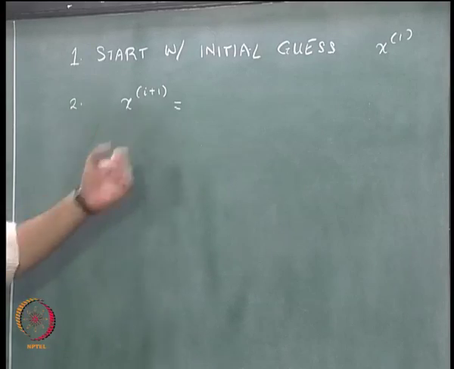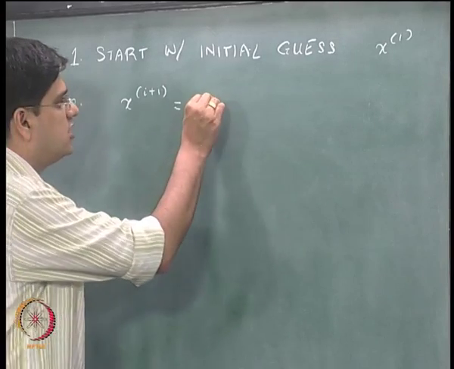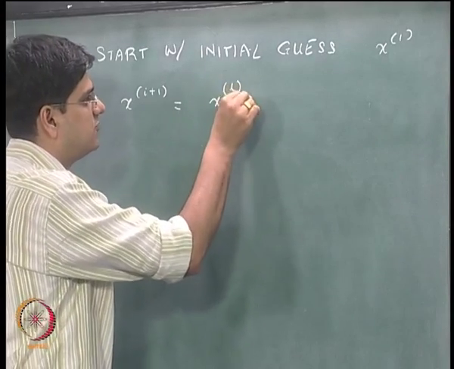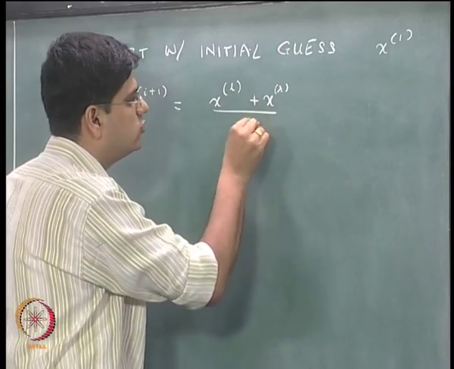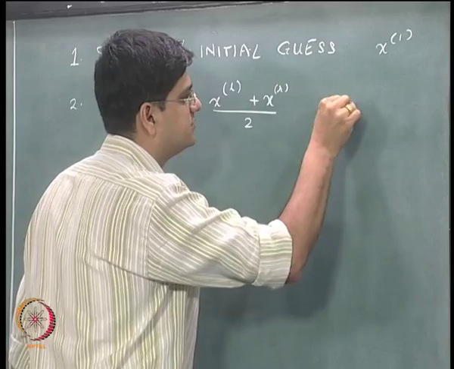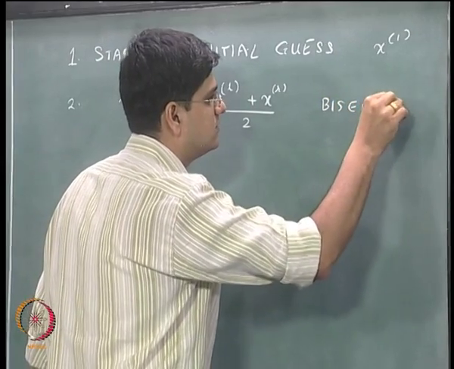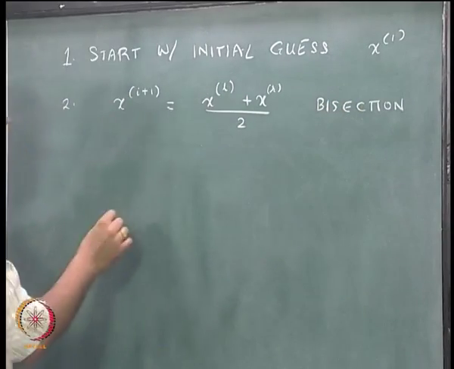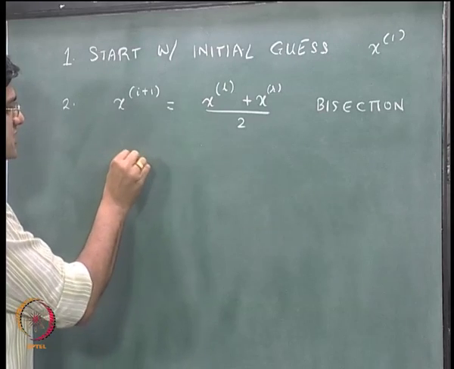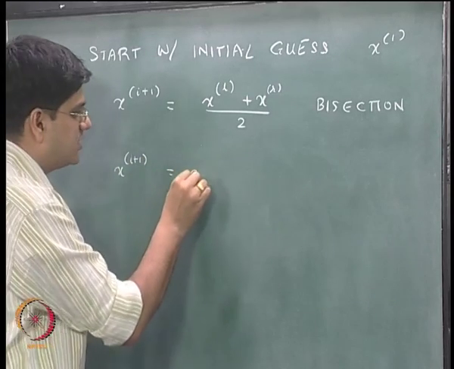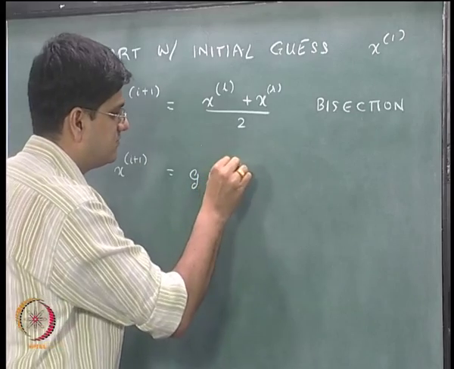For example, in the case of the bisection method, xi plus 1 was equal to xl plus xr divided by 2. In the case of the fixed point iteration method, we used xi plus 1 as nothing but g of xi.